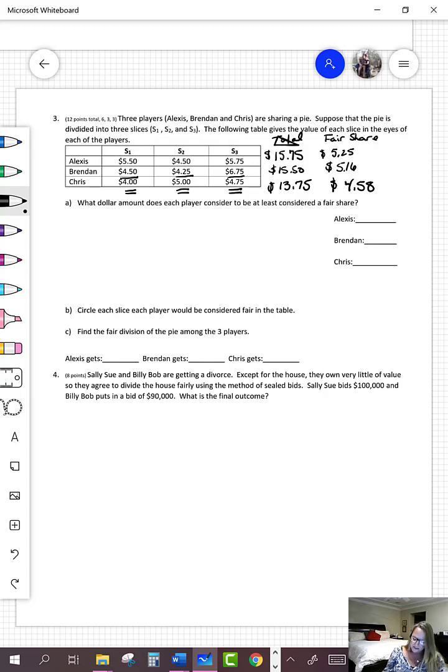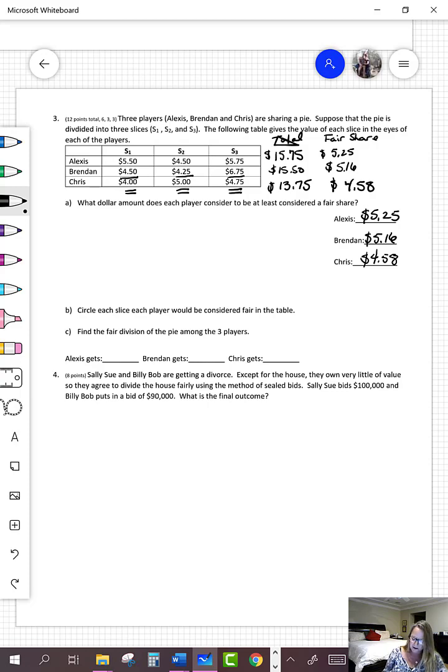So what dollar amount does each player consider to be at least a fair share? We actually did that right above. So Alexis is $5.25. Brendan, he views a fair share would be $5.16. And Chris, his fair share would be at least $4.58.